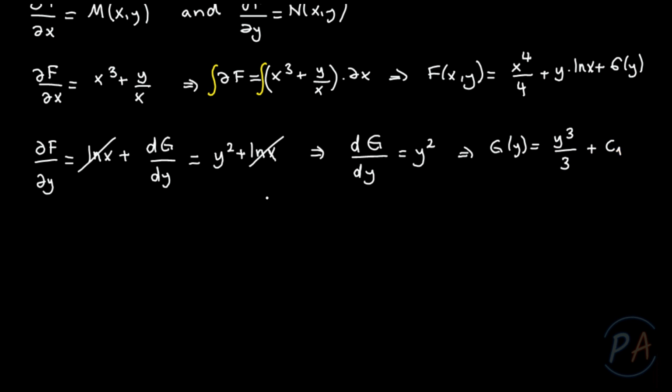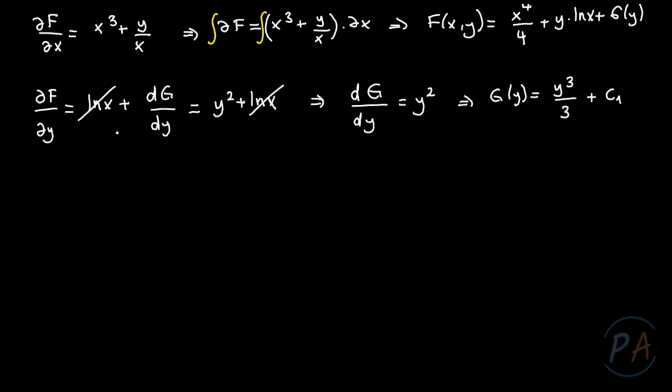So now I can write the solution: f of x y equals x to the power 4 over 4 plus y times ln of x plus y cubed over 3 plus c1 equals c.